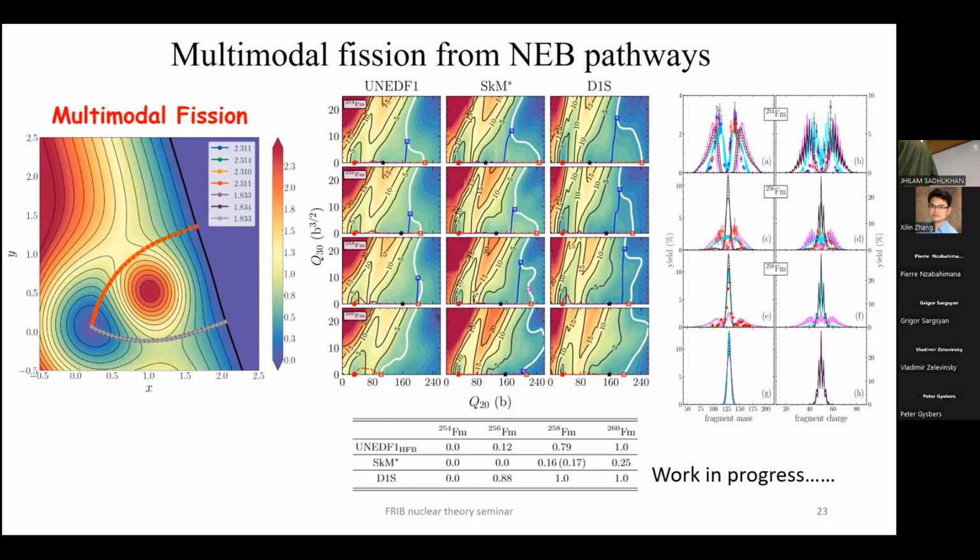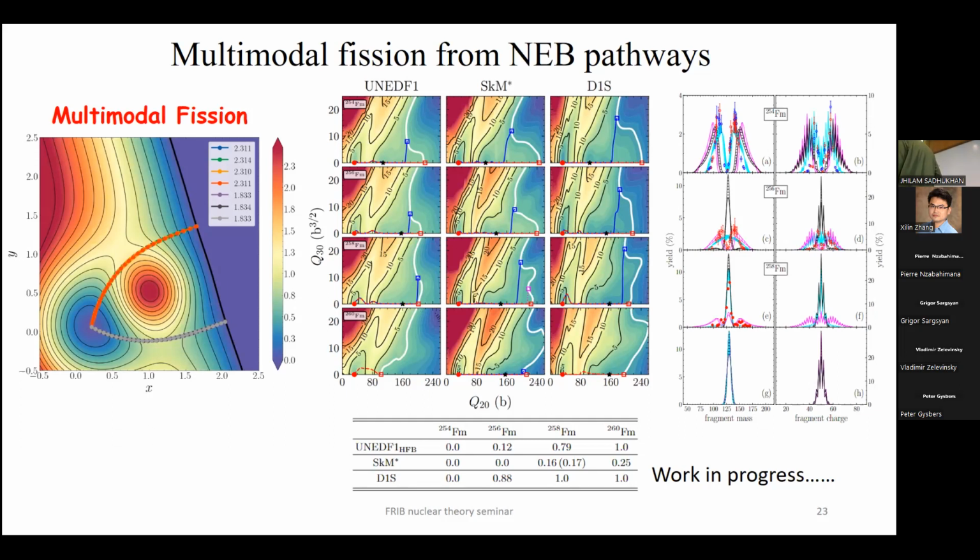These are the relative probabilities for the symmetric pathway. We can see that for fermium-254, it is always asymmetric. The symmetric probability is 0, and that's why we always get the asymmetric distribution here.